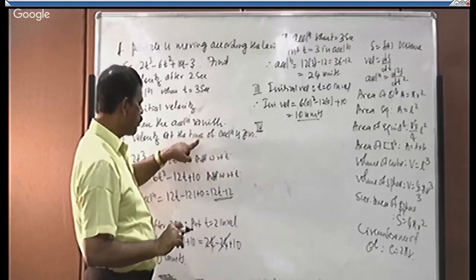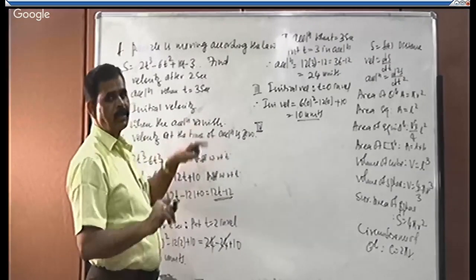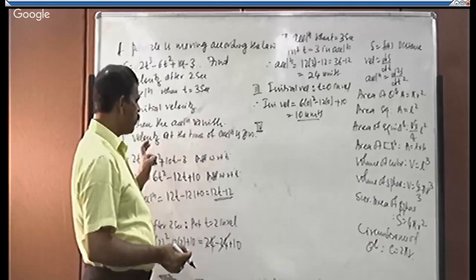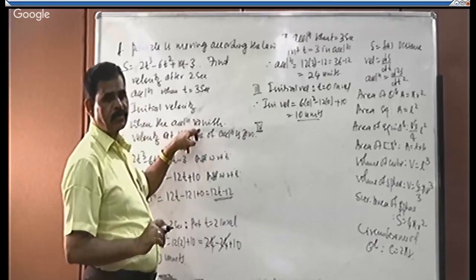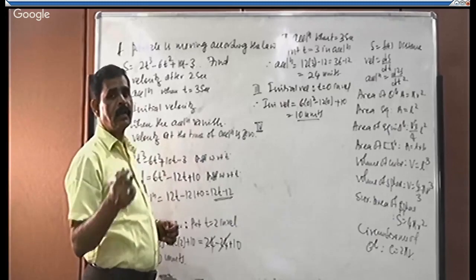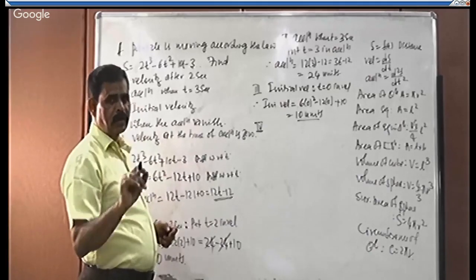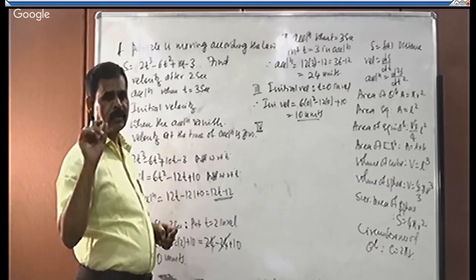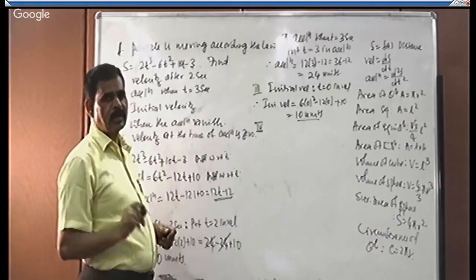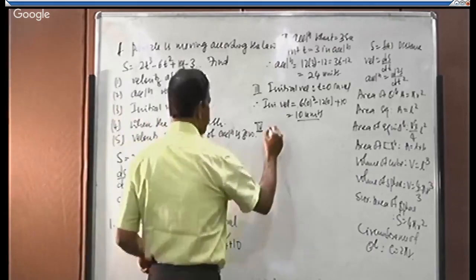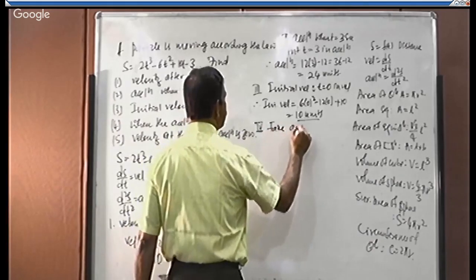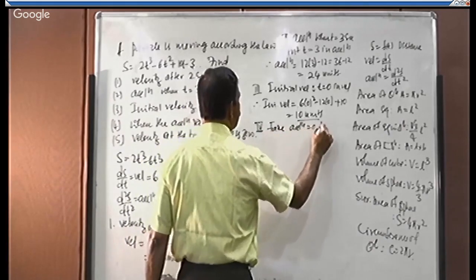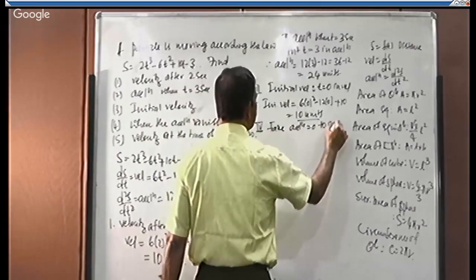If they ask acceleration, then you take acceleration is equal to 0. When the velocity becomes 0, you take velocity is equal to 0 and calculate the time. So at the time of so and so, the velocity vanishes. That is the answer, right? Take acceleration is equal to 0 to get time.